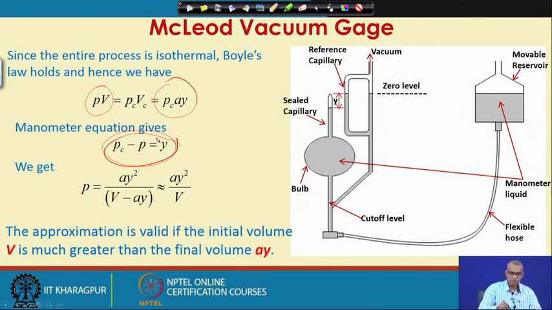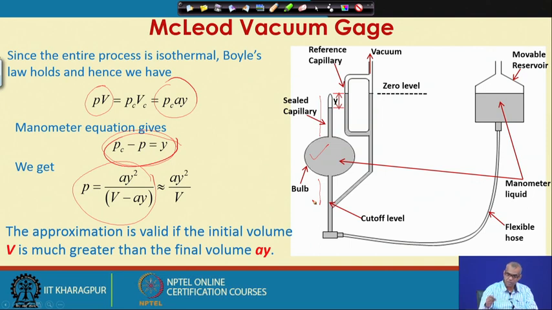You make use of PV equal to Pc into Ay and Pc minus P equal to Y. You combine these, and you get the equation P equal to Ay square divided by V minus Ay. V is the volume of the gas before compression. So, that consists of the volume of this capillary, the volume of this bulb as well as the volume of the tube up to this point.